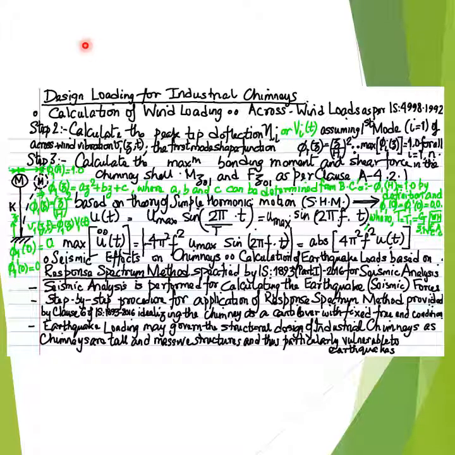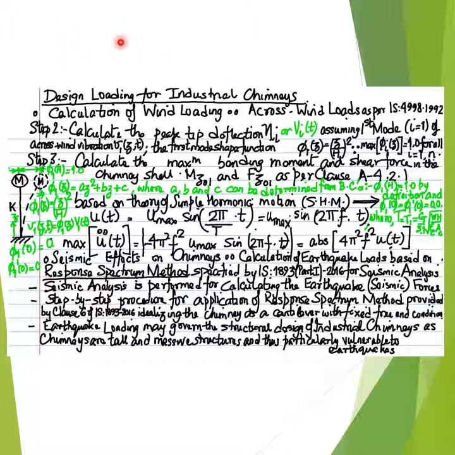In fact, for chimney heights, that is the physical height of the industrial chimneys greater than 100 meters above the mean ground level, the crosswind response and therefore the crosswind loads may be critical in the determination of the structural design of the chimney shell.